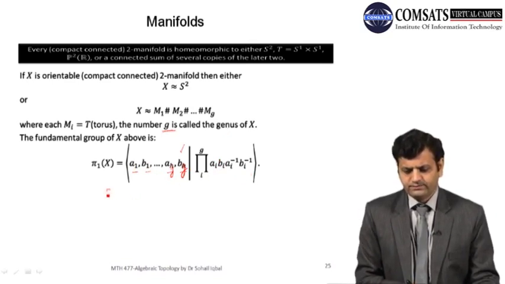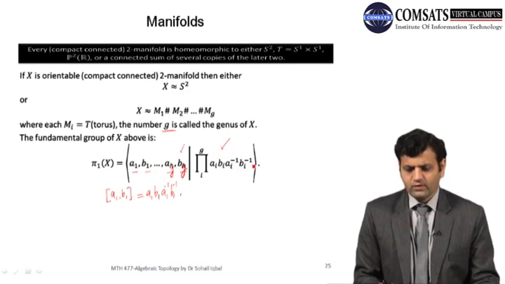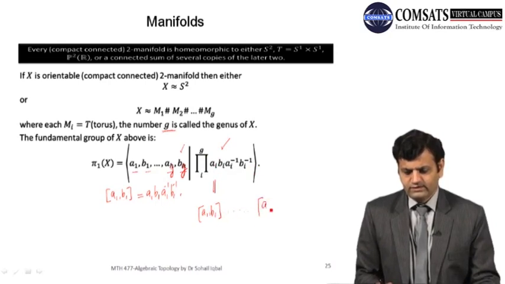Now we know that the commutator of A1, B1 is basically A1 B1 A1 inverse B1 inverse, and the product of all these commutators is equal to 1.